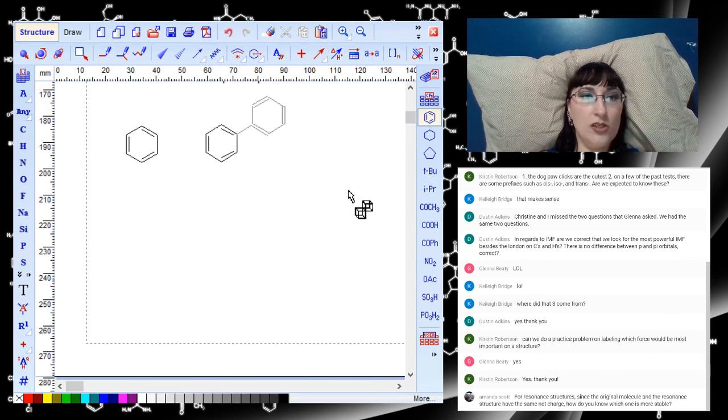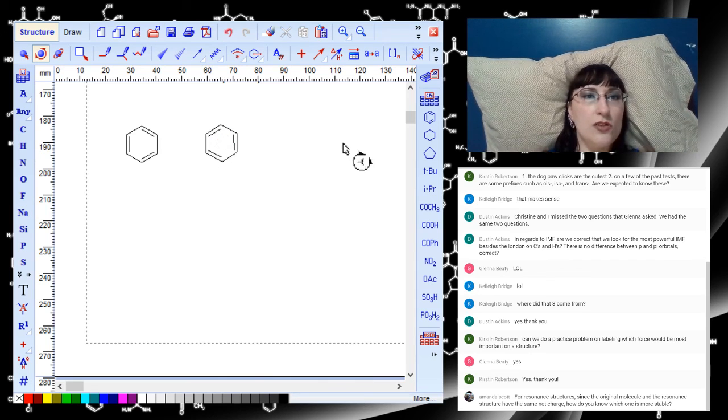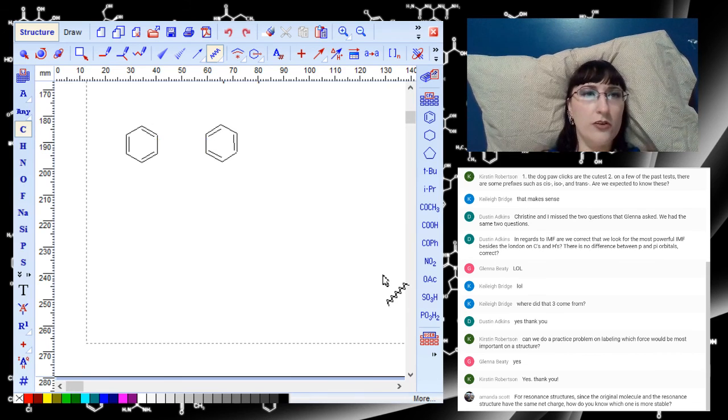There we go. Okay, so these essentially would be resonance structures of each other. No big deal. I'll put my resonance arrows there. Oh my goodness, what on earth have I just done?